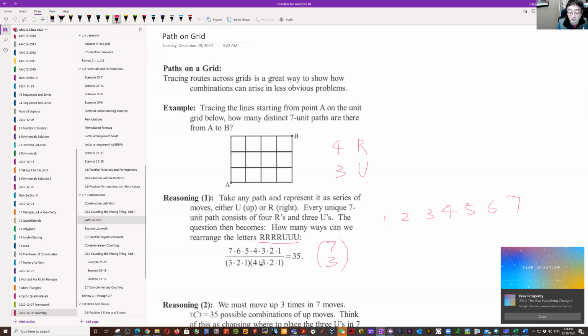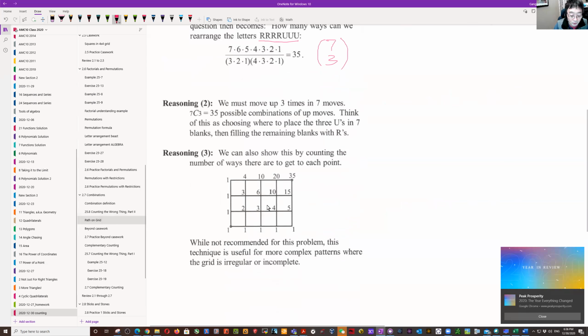As long as we find those, we fill the remaining steps with moving right, and then we complete this instruction.